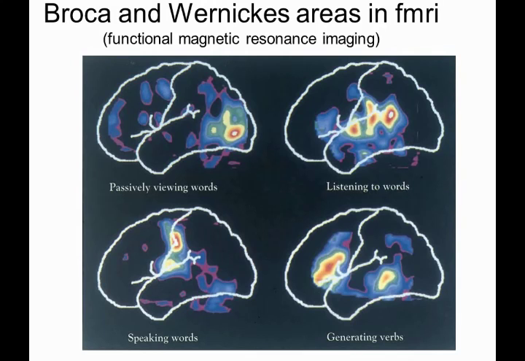If you're speaking words yourself, the Broca area is active, here, so primary, this is the motor area, and, well, I don't actually know where Broca is. I think it's a mixture of here. So you're working hard to speak words and make sense of them. And I think Broca is that one here, because it is also active if you generate the verbs in your head without actually speaking them.